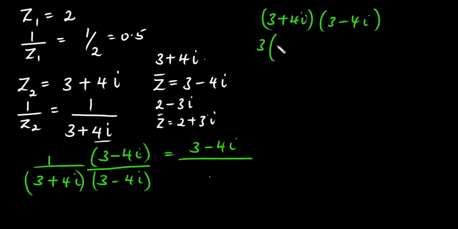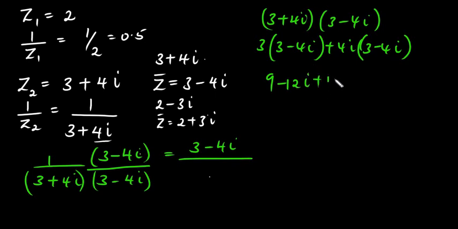So we get 9 minus 12i plus 12i, and then i times i, or i squared, is equal to negative 1, and 4 times negative 4 is negative 16. Negative 1 multiplied by negative 16 is positive 16. Plus 12i and minus 12i cancel out, and we remain with 9 plus 16.